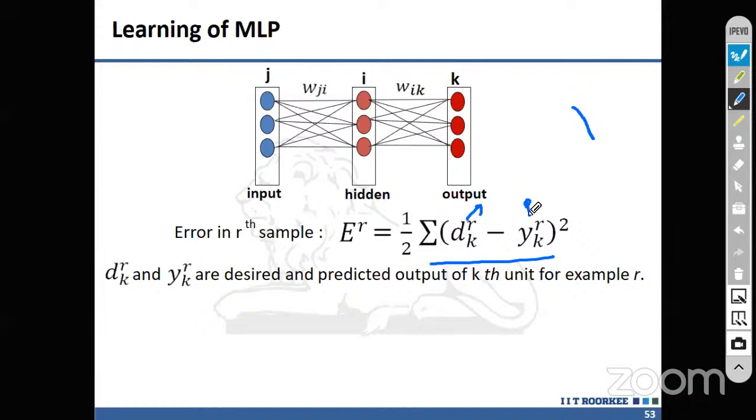If you have 100 examples, let us consider a single example, the rth example. For the rth example you have this D, the ground truth, and Y is the prediction. So the curve is (D minus Y) whole squared.